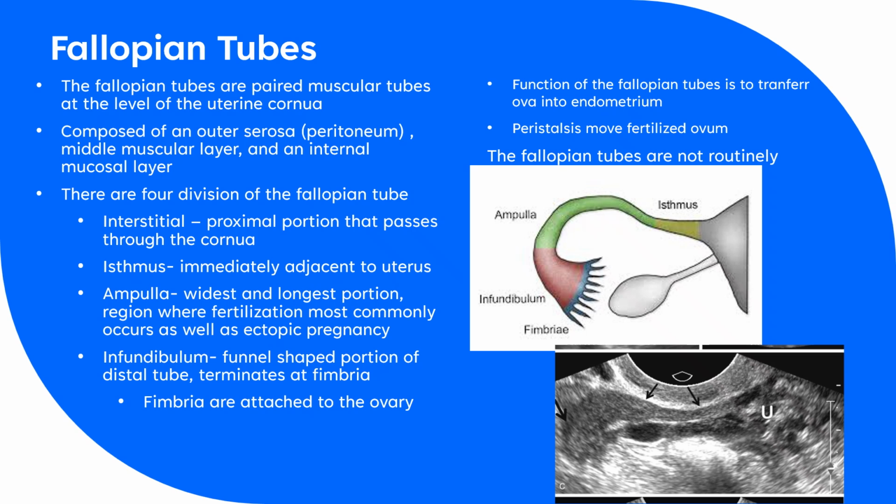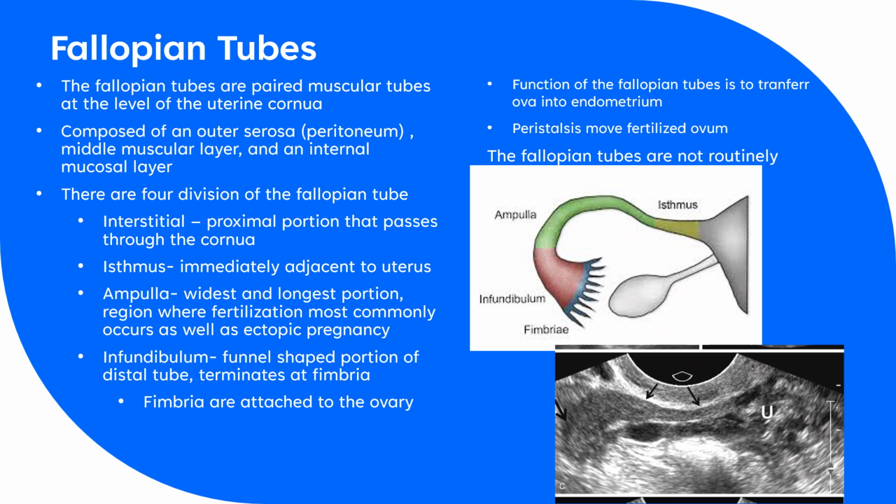So it's composed of 3 layers. We have our outer serosa, and then we have our middle muscle layer that's going to be responsible for moving that egg along through peristalsis, and then an internal mucosal layer that's going to be kind of like sticky but wet, so that that egg kind of goes all the way through without any issues.